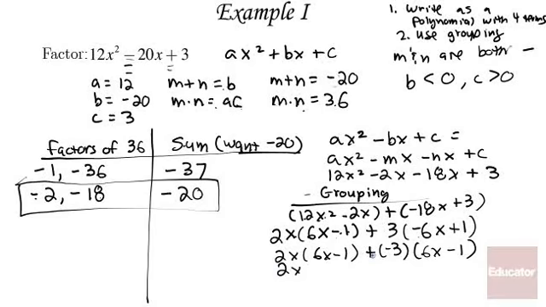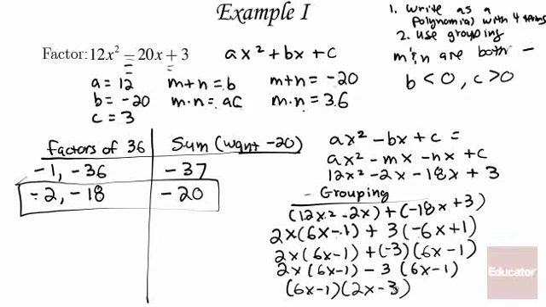Now I'm going to get rid of that plus, and it's actually going to be negative 3 times 6x minus 1. Now I can pull out the common binomial. And the common binomial is 6x minus 1. So 6x minus 1 times 2x minus 3.